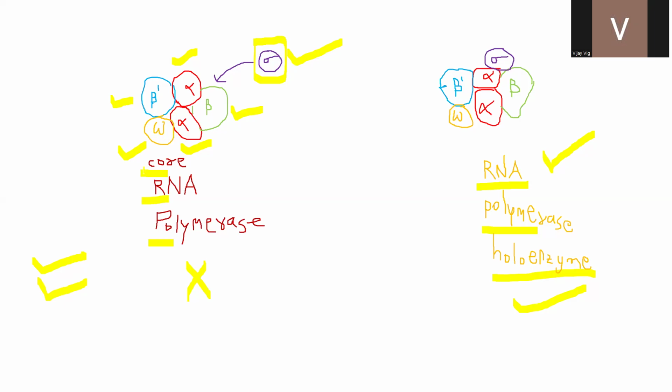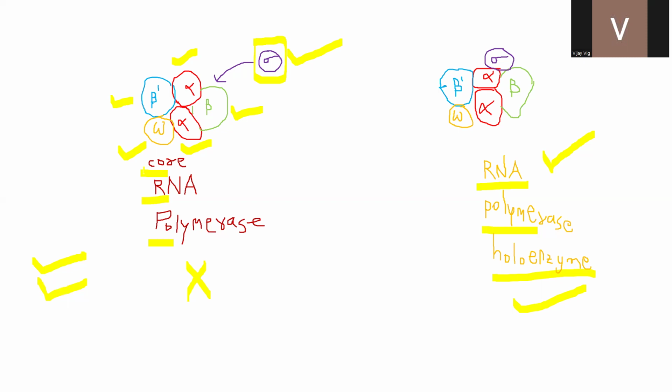It can synthesize the mRNA from anywhere, from any position. And it can make an mRNA which will be mostly non-functional or erroneous, because the core enzyme can do the transcription, can do the denaturation of DNA, can make the mRNA, but that would be incorrect because the core enzyme doesn't know where to bind on the DNA. And by that, the core enzyme will make an incorrect mRNA.